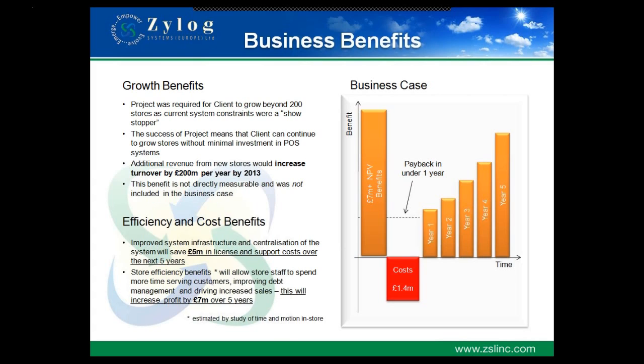So just taking something like 200 stores, you can soon realize the amount of cost they were spending. All this hardware, all this software, all these licenses were no longer needed. It was all centralized, so there was only one central system set up, one central hardware, one central license.